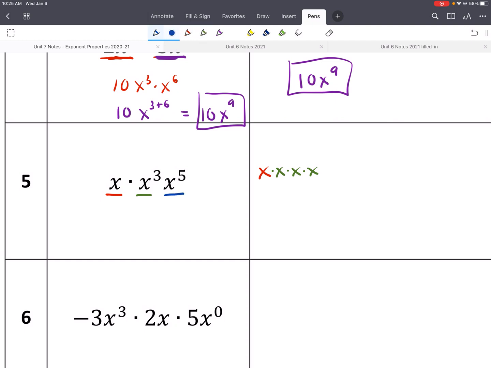And then we have 5 x's. Again, probably the best way is just to add those all up together. That's 1 plus 3 is 4, plus 5 is 9. So here we get x to the 9.